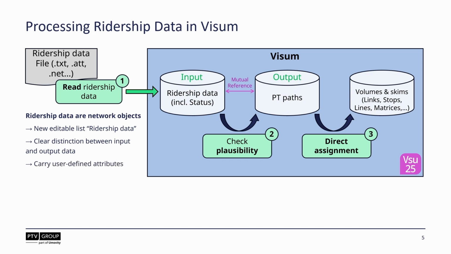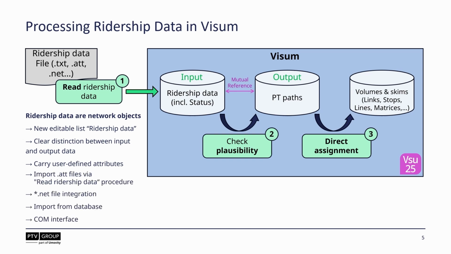Ridership data can now carry user-defined attributes. You can also import attribute files using the read ridership data procedure, as well as from a network file, a database, or through the COM interface. Let me show you how these processes look in the software.